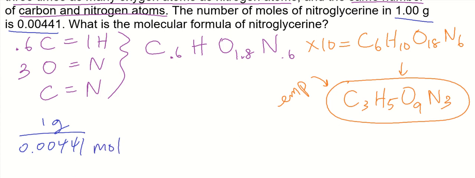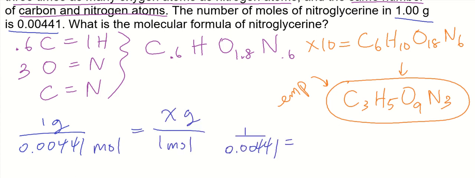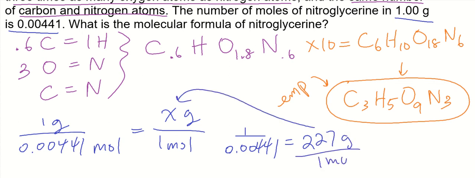Now, that's not the way we typically write molar mass. We put it in grams per mole. 227 grams per mole. So we have the molar mass now.